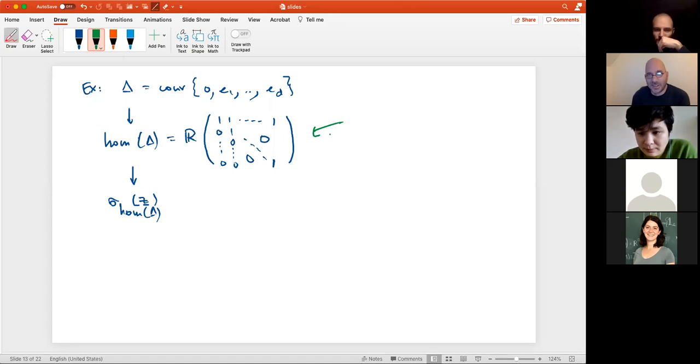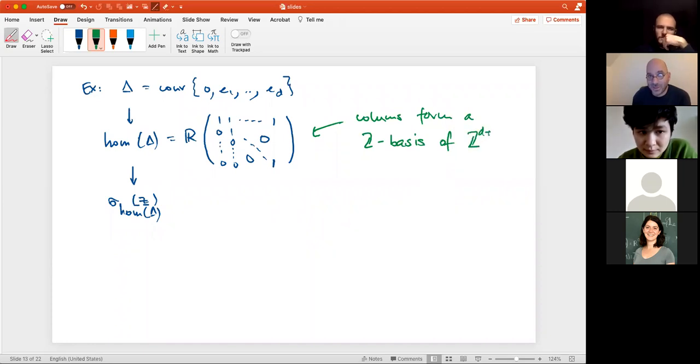These columns form not just a basis, but a lattice basis of Z to the d plus 1.